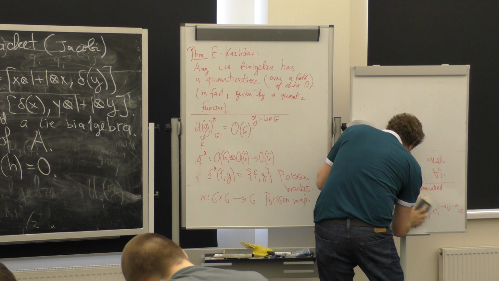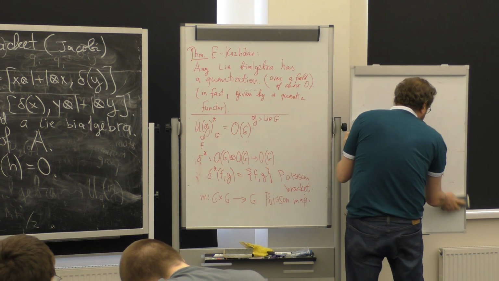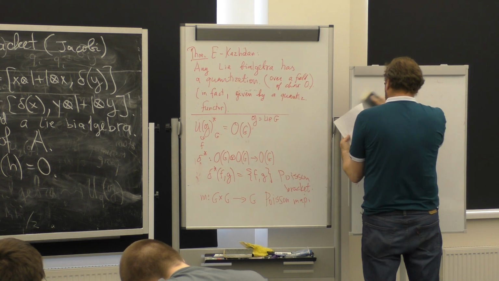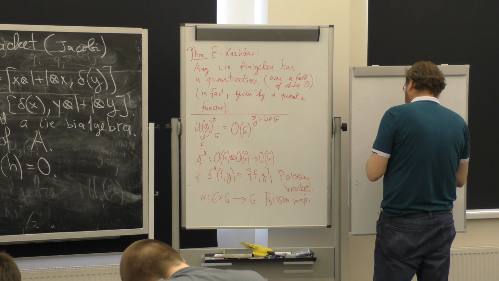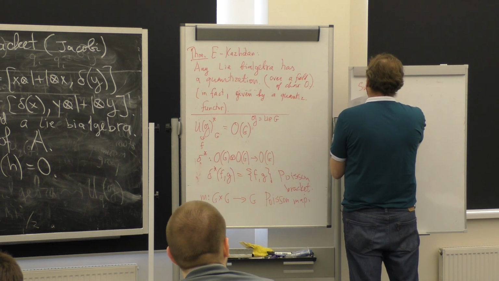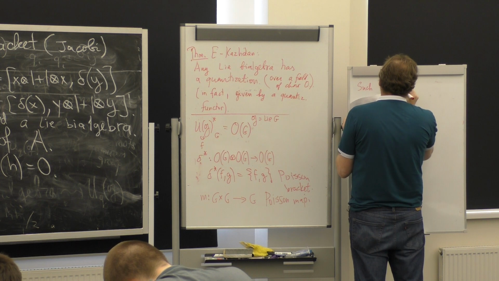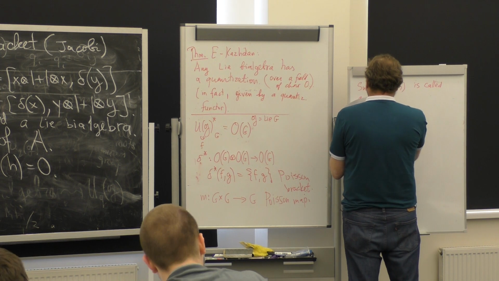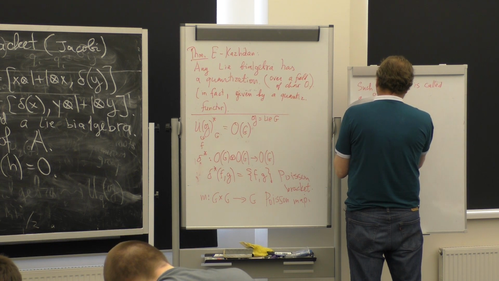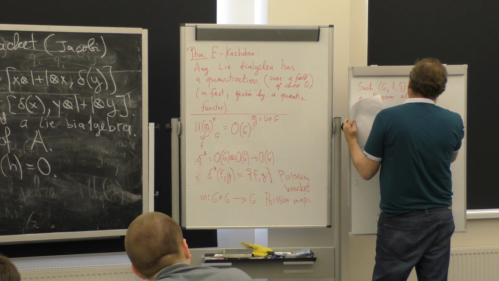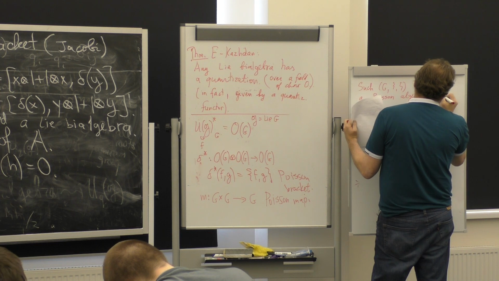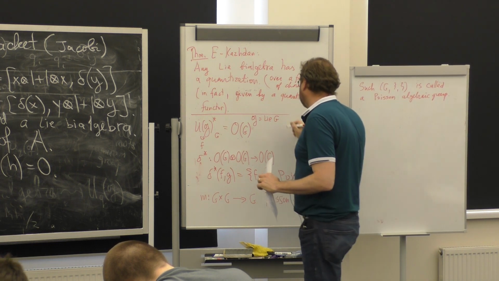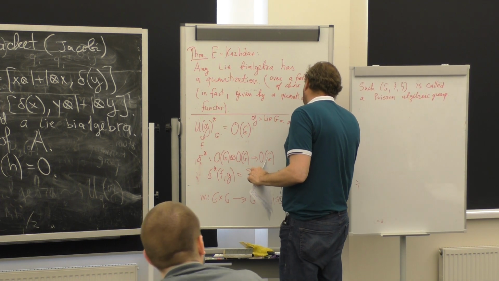In a similar way, you can define Poisson Lie groups, Poisson formal groups. Such G with brackets is called a Poisson algebraic group. And maybe I should have said affine. So this is an affine algebraic group.